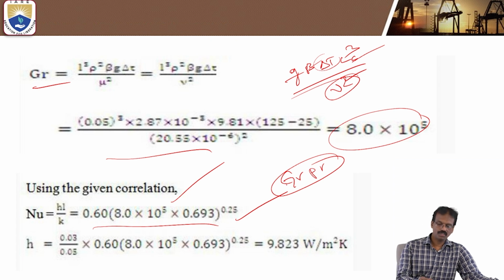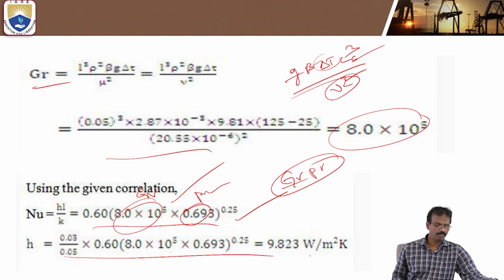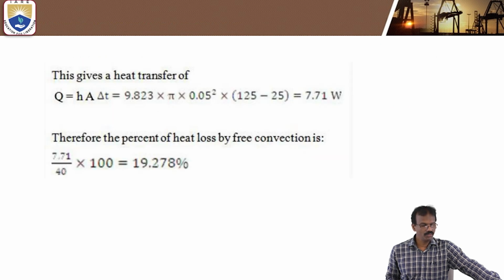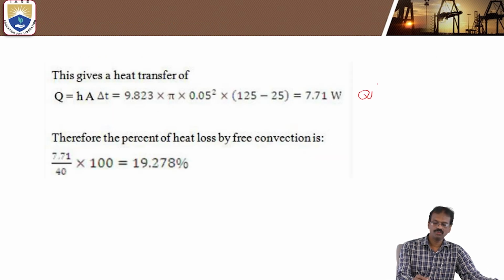Then you can substitute the values: 0.6 into the Grashof number, and this is the Prandtl number. Then by using the Nusselt formula, you can find out the h value, because Nusselt is equal to hL by k. If you know the h value, you can find out the Q value. Q is equal to hA into delta T.